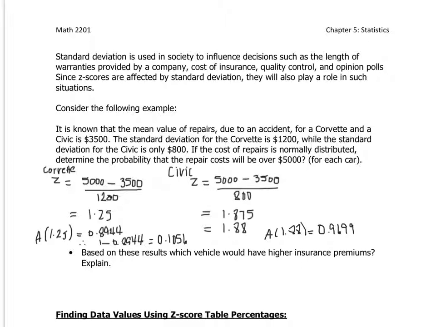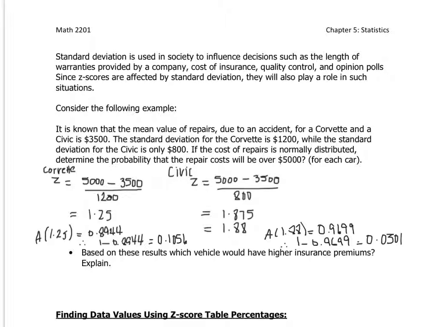But again, we want over 5,000, so we would have 1 minus 0.9699, which is 0.03. Sorry, 0.03. Let me fix that. 0.0301.